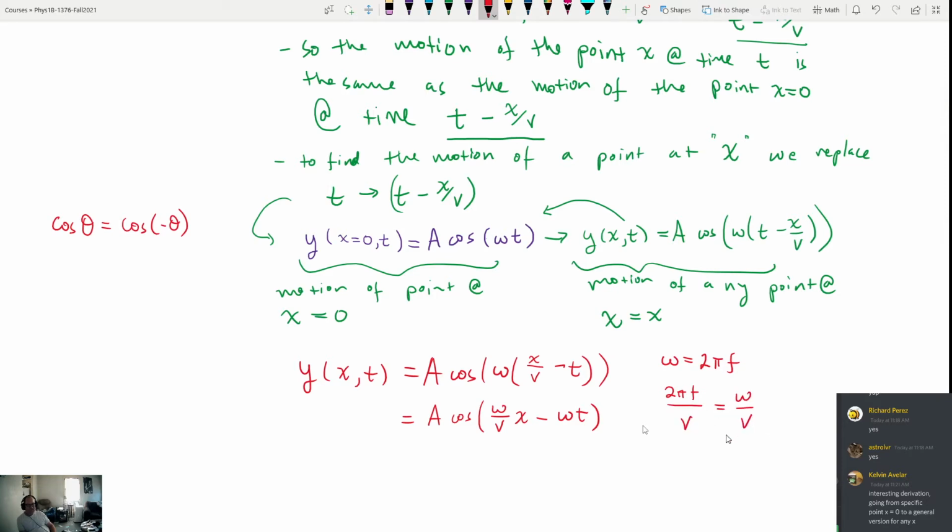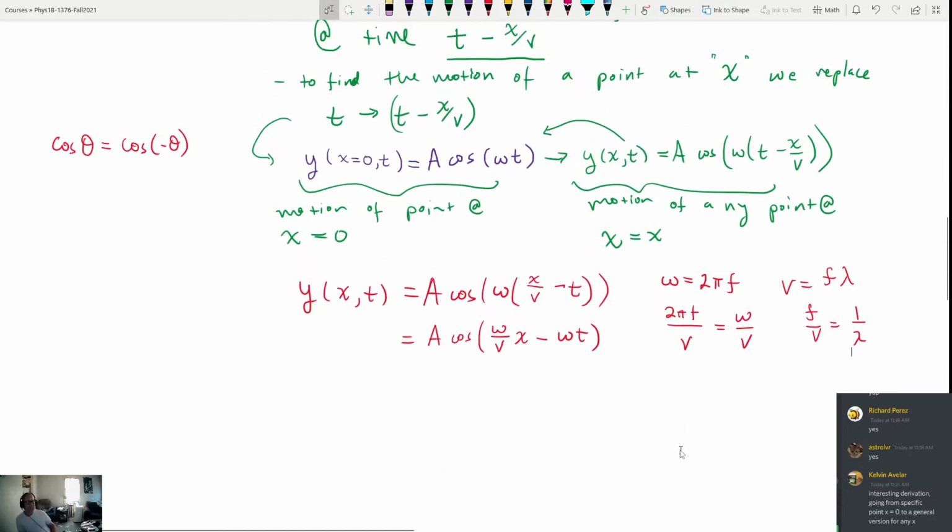Then we look at f over v, and remember that v is equal to f lambda, so that f over v is equal to 1 over lambda. I'll scroll down a little bit. Yeah, f over v would be equal to 1 over lambda. So this would become 2 pi divided by lambda, which is the same thing as omega divided by v.